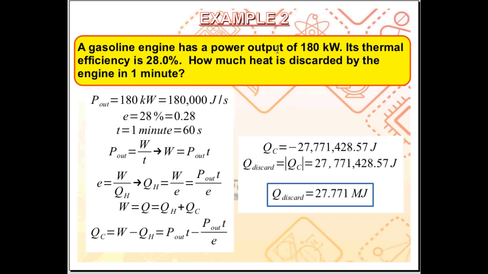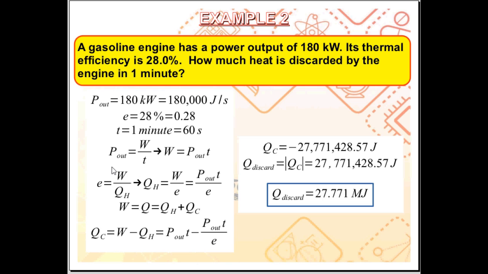So output power is 180 kilowatts or 180,000 joules per second. Efficiency E is 28% or 0.28, and the time mentioned is 1 minute. T is equal to 1 minute or 60 seconds.